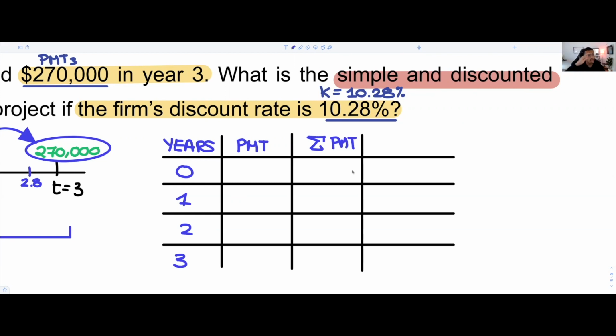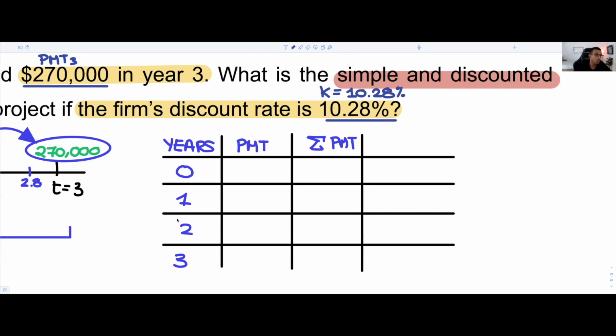Because the year that we pass that amount, we'll know it's between, in this case, year 2 and year 3. You'll see what I mean in just a second. And then I have some space for another column that you can choose to do afterwards. It's really up to you. You'll see why it matters.